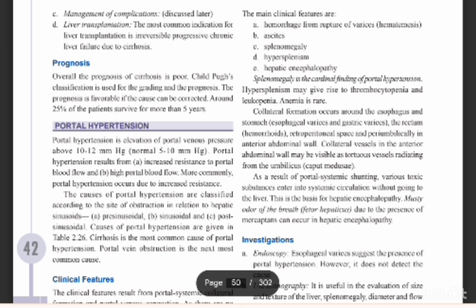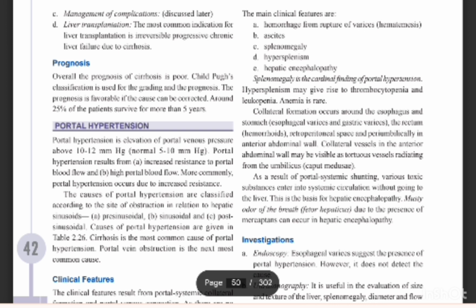If you palpate the spleen, you can feel a bulge. Splenomegaly means the spleen has become big, increased in size. That is the cardinal sign, so you can be assured portal hypertension is present.